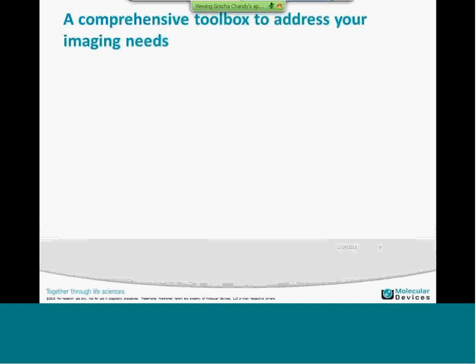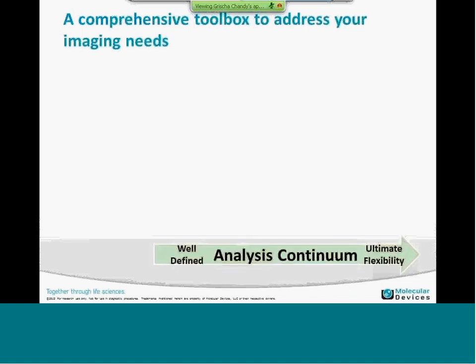You need to approach those complex applications with a comprehensive toolbox for your imaging needs. And there are very well-defined applications where you need to be very flexible for those well-defined applications.